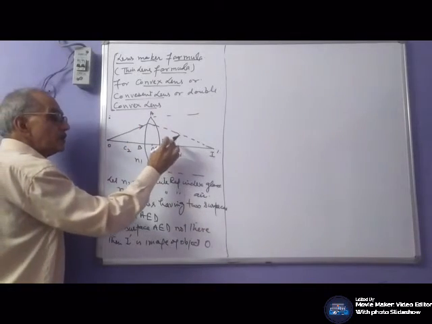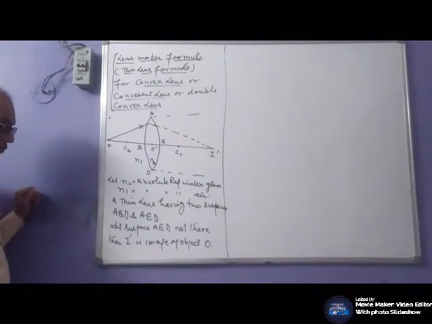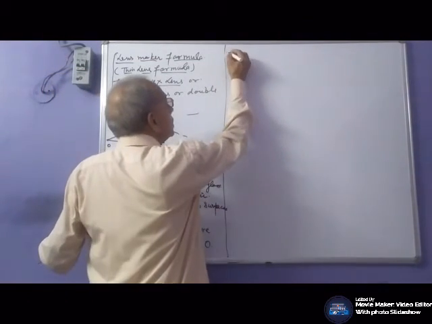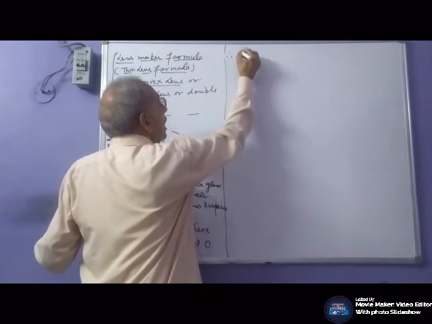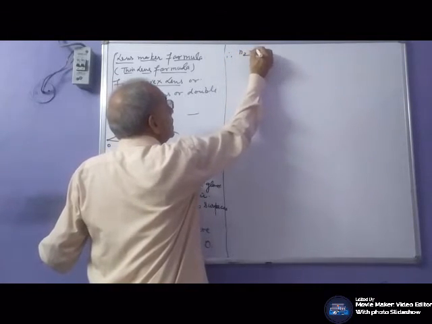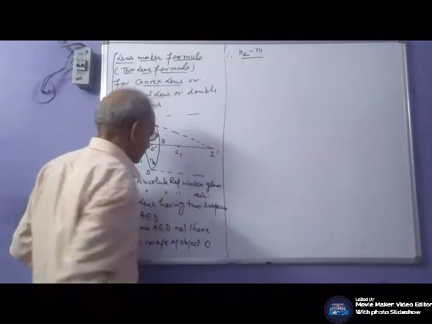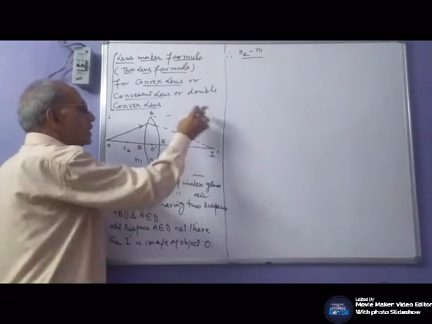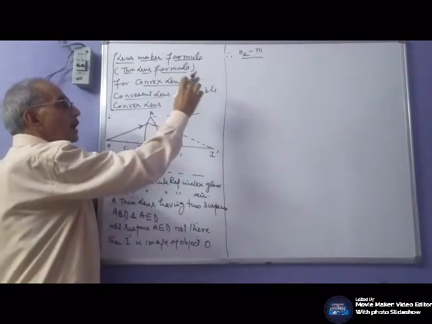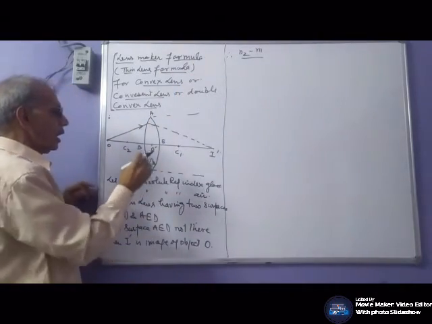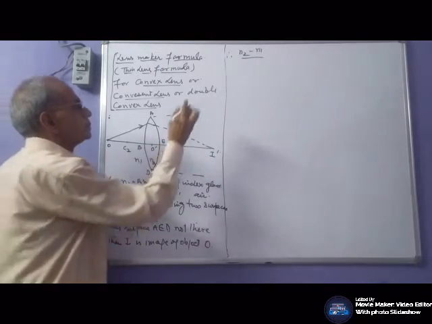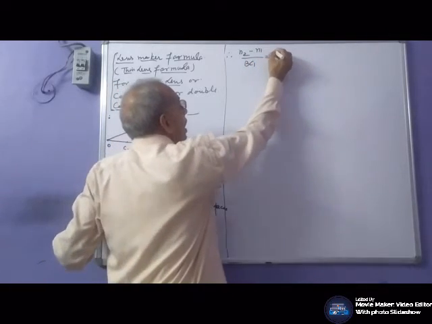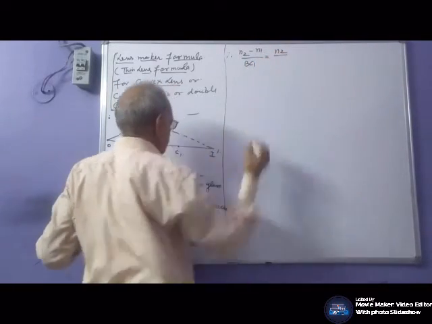Where is the center of curvature? Here. Therefore, the formula for a spherical surface, rare to denser: N2 by V minus N1 by U equals N2 minus N1 by R. R here is BC1.